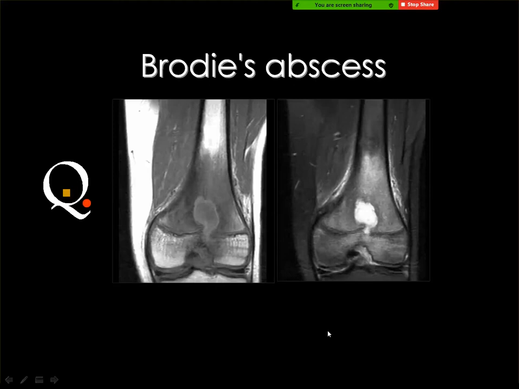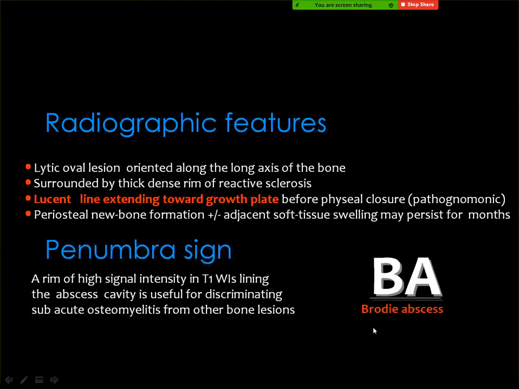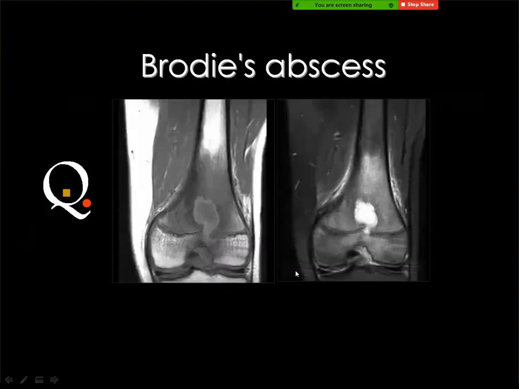Okay, this is the Brodie abscess. The Brodie abscess is an intraosseous abscess which is present in the metaphyses usually. And this is one of the good signs for the diagnosis of the Brodie abscess, which is known as the penumbra sign or the lucent line extending towards the growth plate, which is considered pathognomonic.